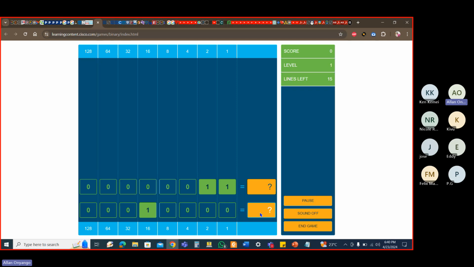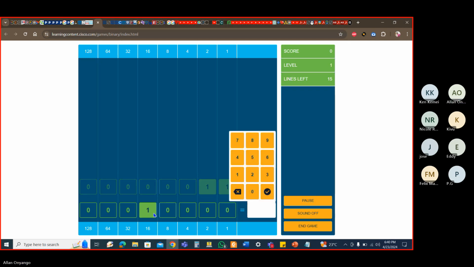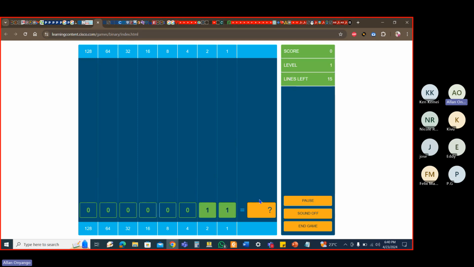If there's a question mark here, click on it and type the number found below it. 16, okay? You can type on the keyboard or just click. Clicking might be slower, but you can just type 16, then click tick or press enter, so that you go faster, because the screen is going to fill up. When it fills up, it's going to start blinking on you.